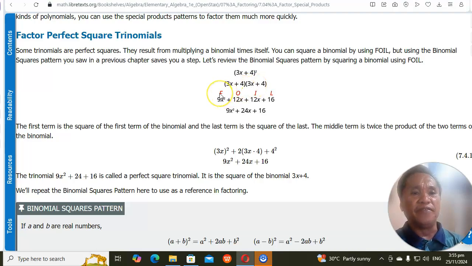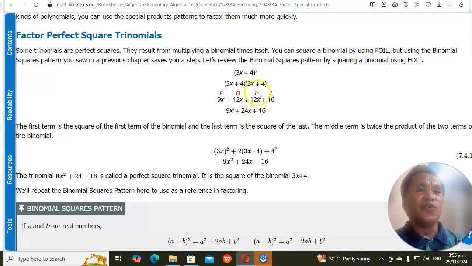So that is F. And then you have the O. The O means outer product. So you are going to multiply the outer terms. So you have 3x plus 4 and you will get a plus 12x.